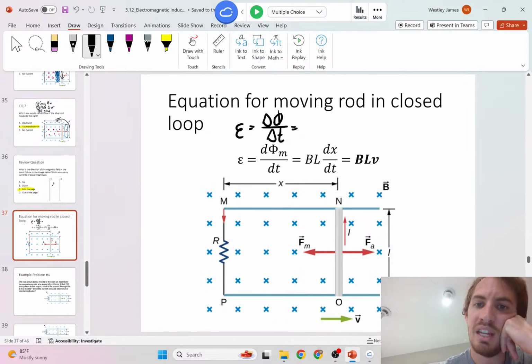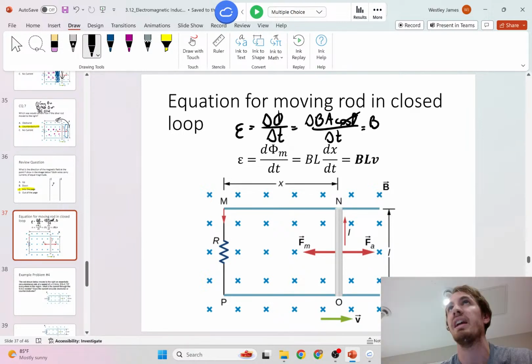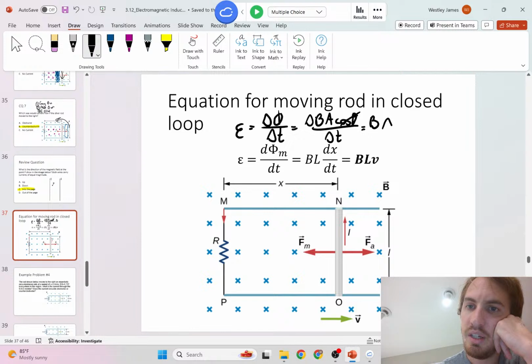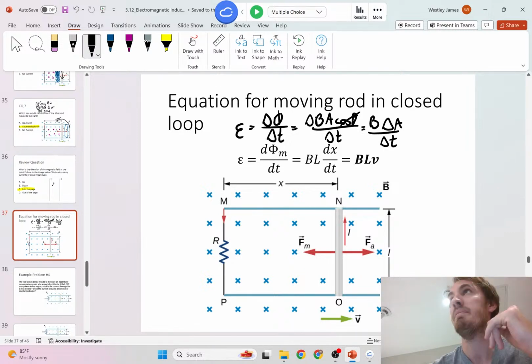So the change in B A cosine theta with respect to time. The magnetic field is a constant. The angle is 90 degrees, so it goes away like the other cases. So I have my change in area over change in time.